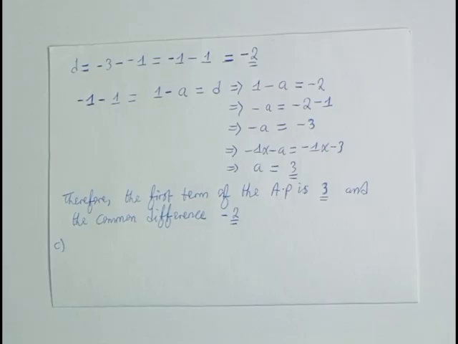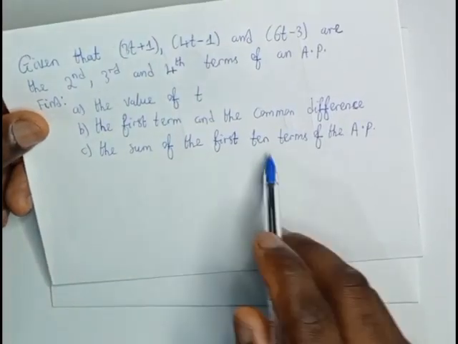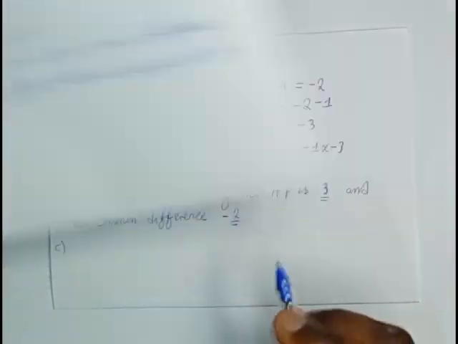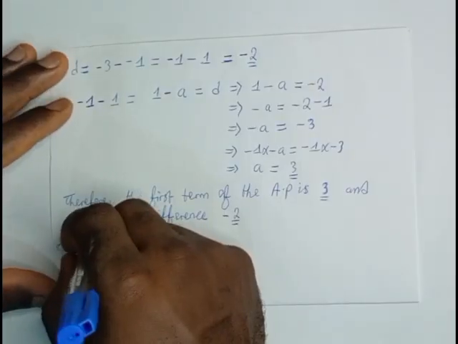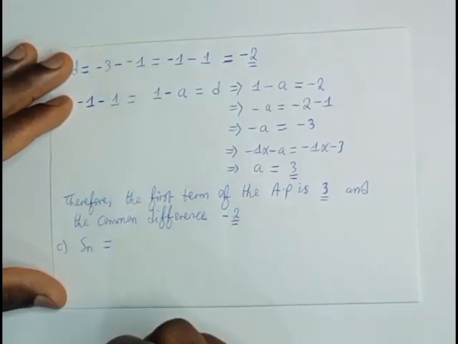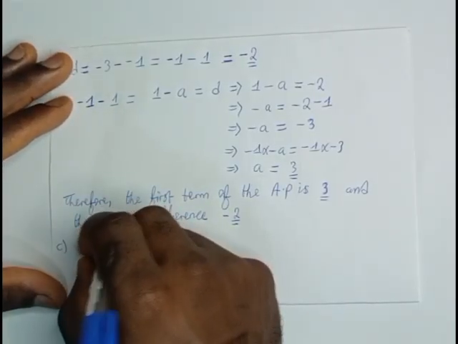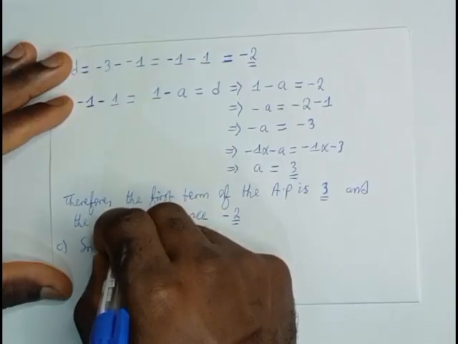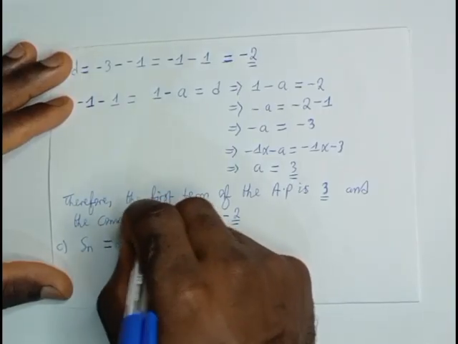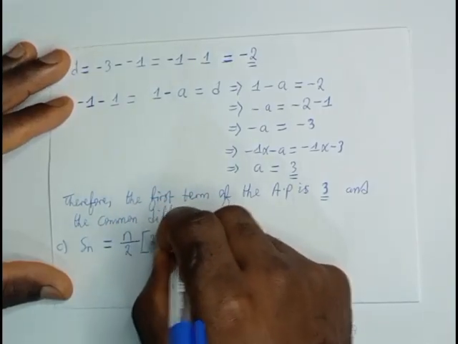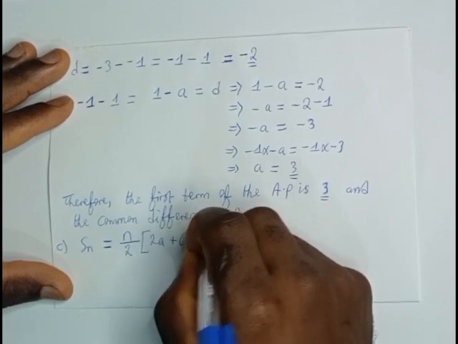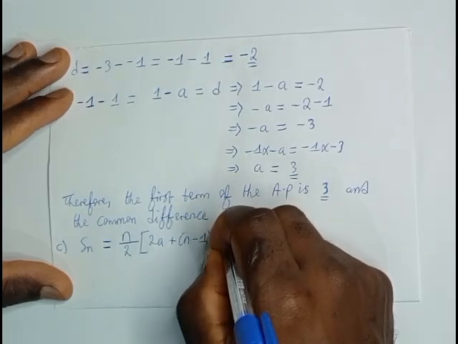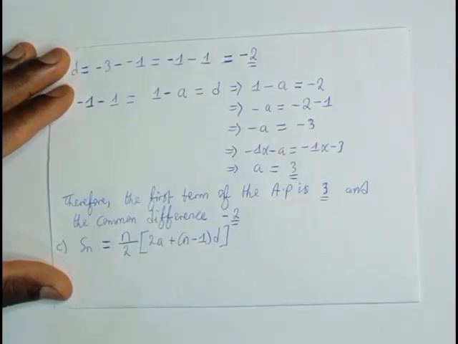We move now to question C. Question C is asking us to find the sum of the first 10 terms of the AP. The sum of the terms of an AP is given by n divided by 2 times 2a plus n minus 1 times the common difference. This is the formula.